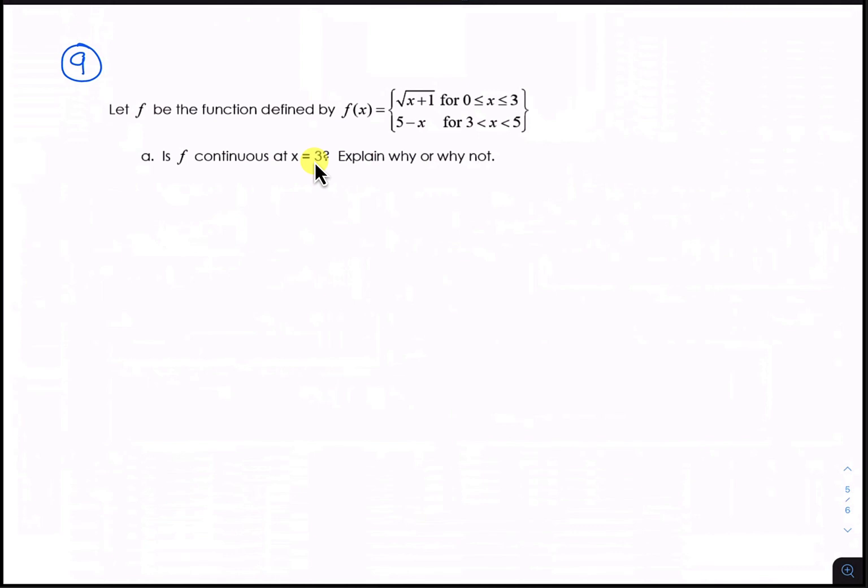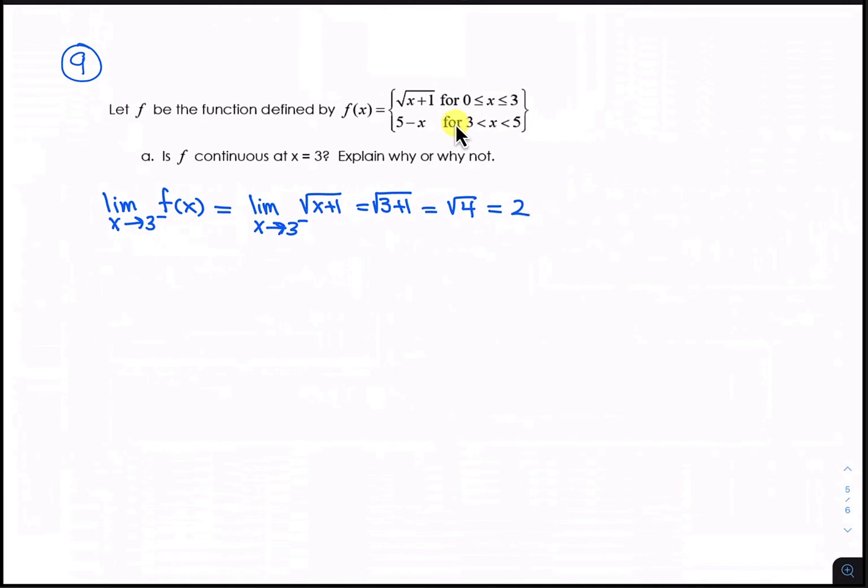When we look at the limit as x approaches 3 from the left, we're looking at the very first function. So let's analyze that. Limit as x approaches 3 from the left of the first function, that's square root of x plus 1. Using direct substitution, that's the square root of 3 plus 1, which is the square root of 4, which is 2.